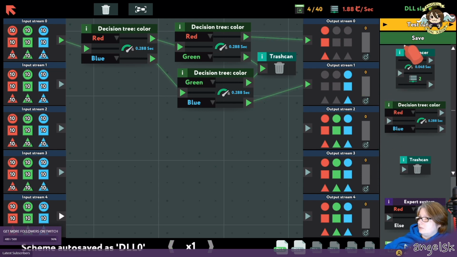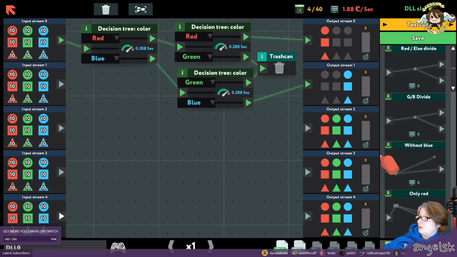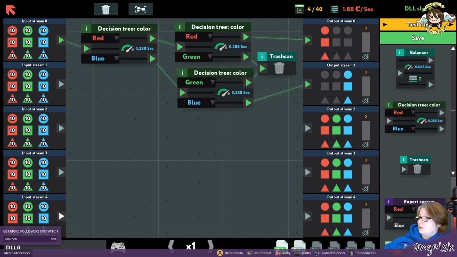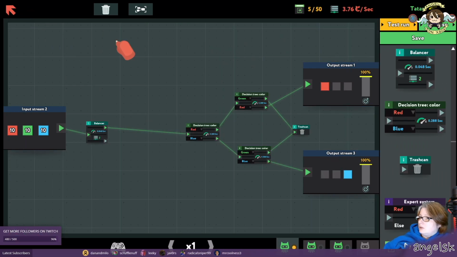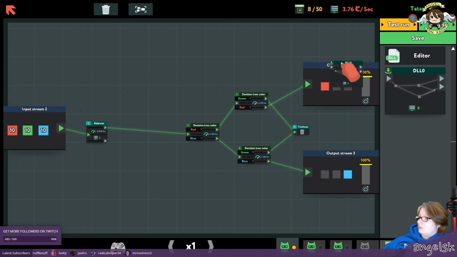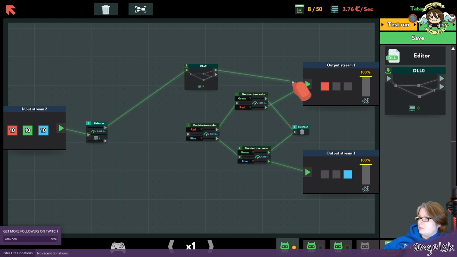Okay, so saved as DLL. Okay. How do I get that? How do I get out? Okay, so then can I grab DLL1 and input into that and output? Where is this?